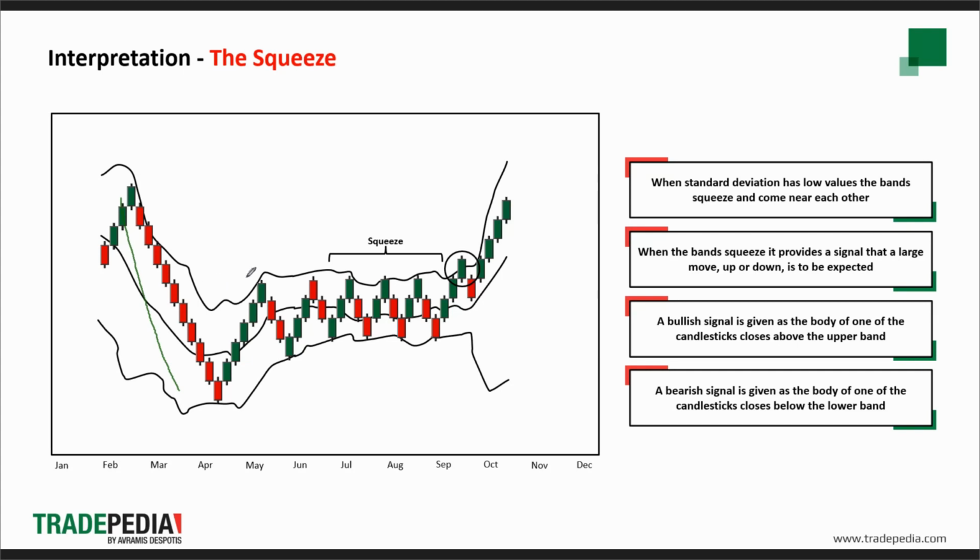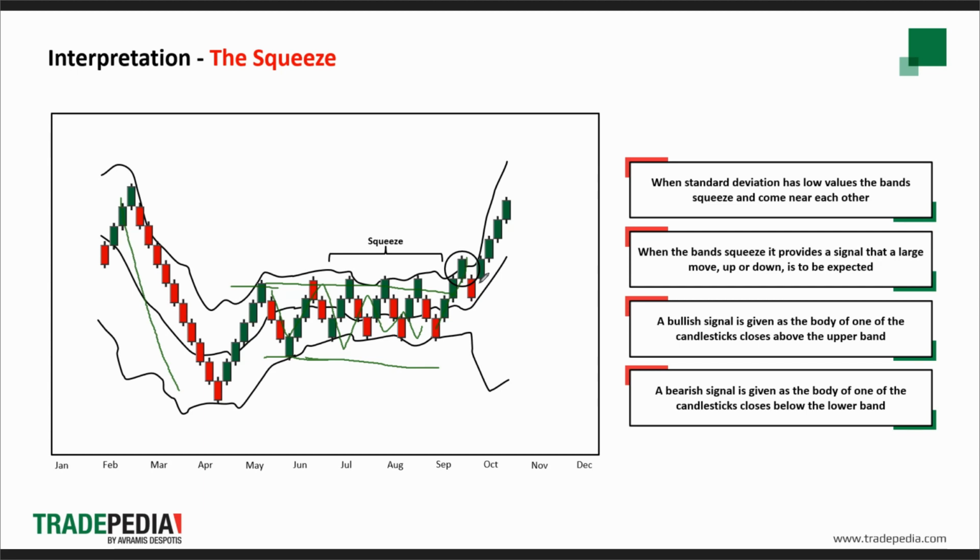So when the standard deviation becomes lesser, the consolidation range becomes tighter. Then after that, when you release it, the bands will expand and it will signal a large move, either on the upside or the downside.